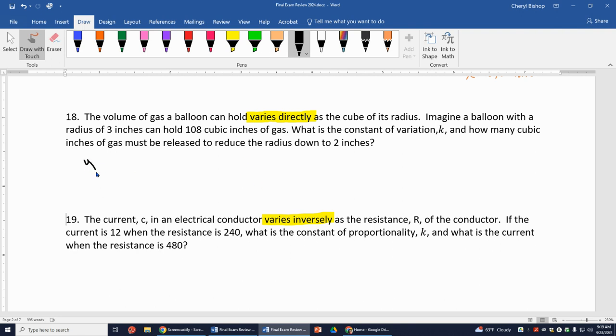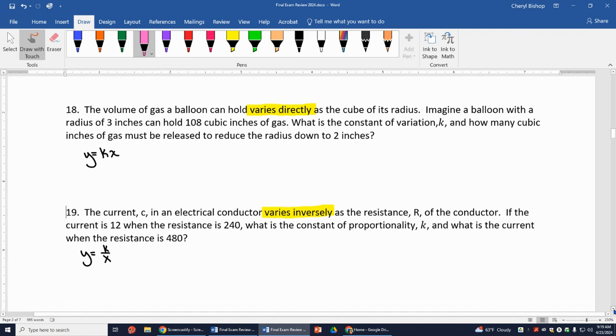Direct variation is set up using y equals k times x, and inverse is y equals k over x.